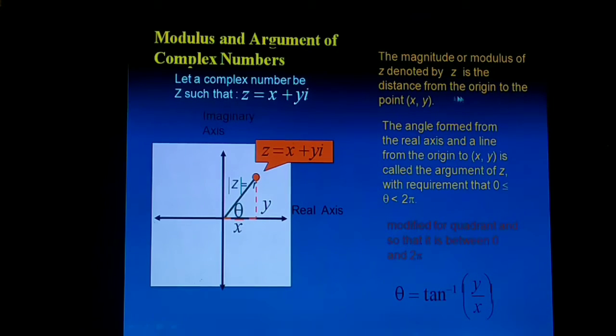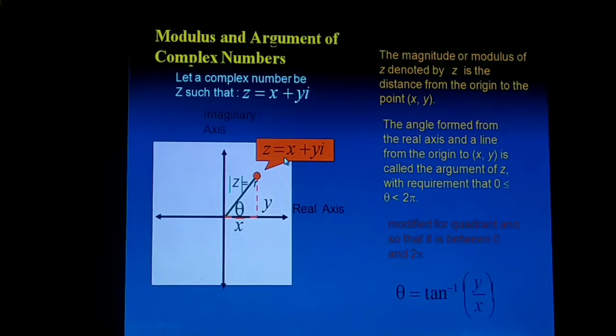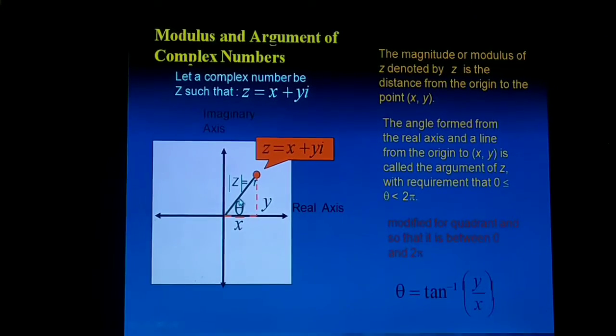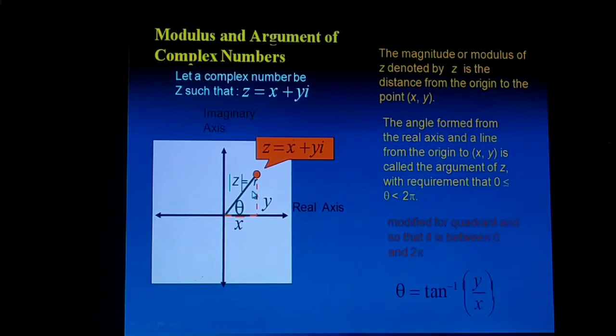It is the distance from the origin to the point (x, y). It is called the modulus of a complex number. So modulus z is equal to r, and it is found by the formula modulus z is equal to under root x square plus y square.